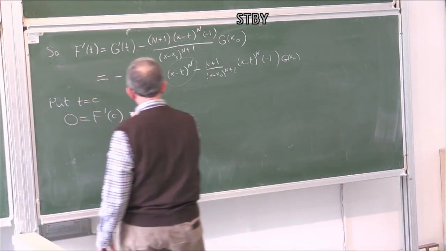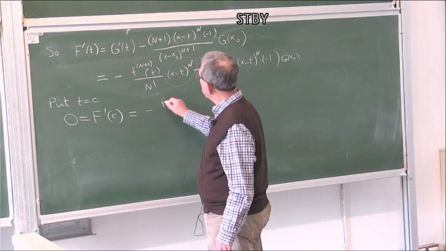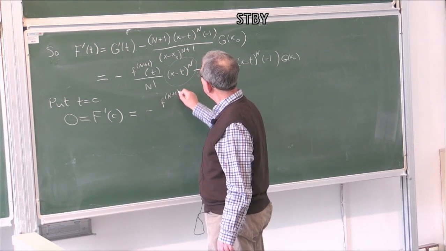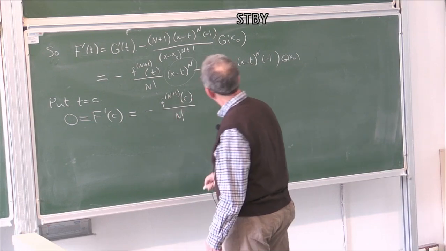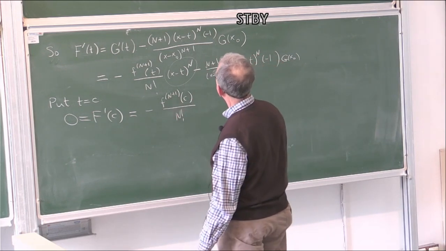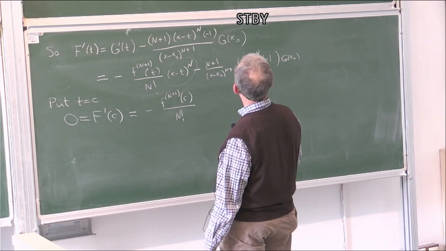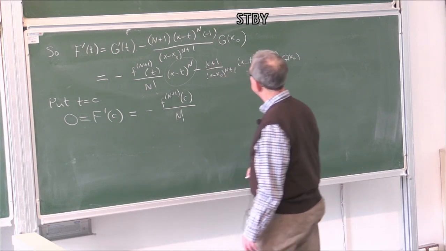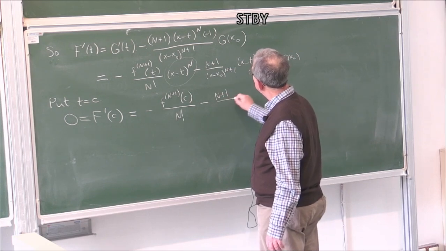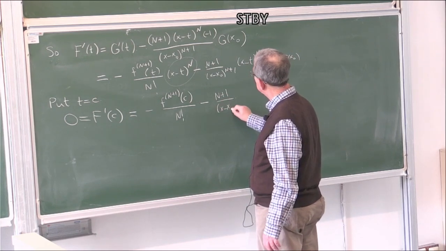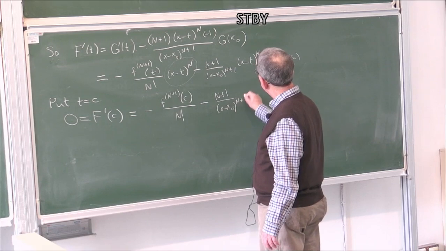So this is minus f of n plus 1 at c over n factorial minus (n plus 1) divided by (x minus x0) to the power n plus 1.